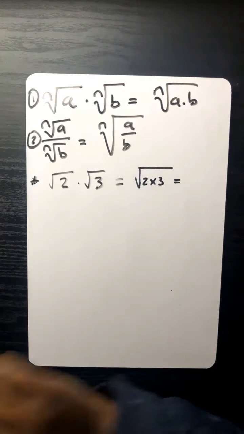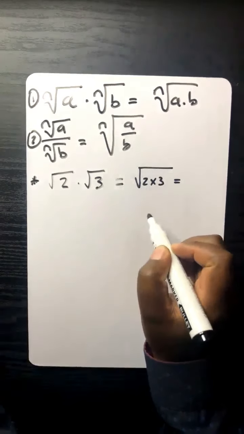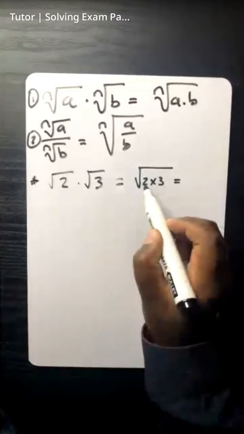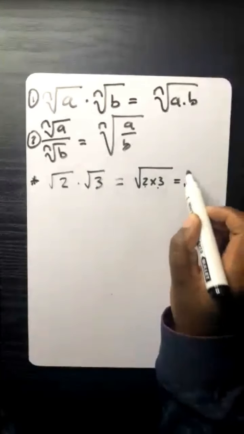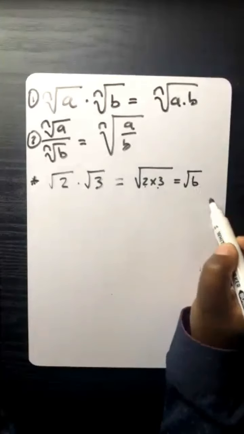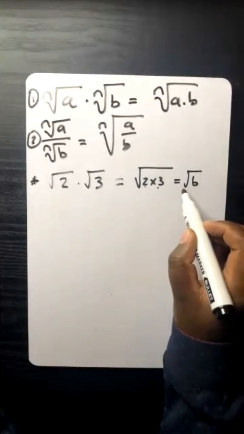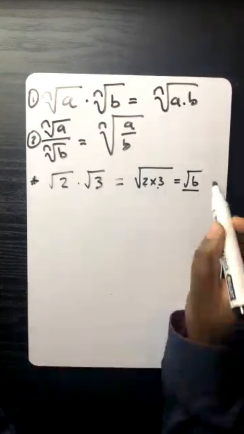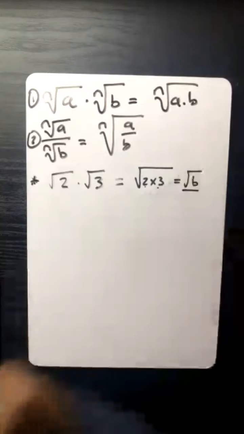I'm not sure if that part makes sense, but I hope it does, because we are saying whatever is inside the brackets multiplying whatever is inside the other bracket. So what is 2 multiplied by 3? That is the same as 6. So square root of 6, can it be further simplified? No. Then it means it ends there.